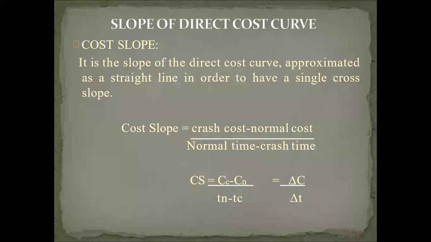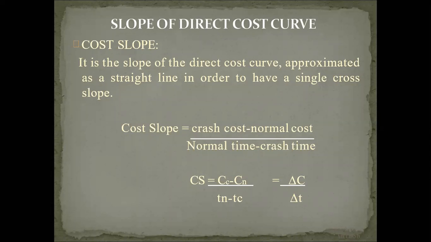Always, crash cost is on the higher side and normal cost is on the lower side. If you take the example we have discussed, normal cost is 25 lakh and crash cost is 27 lakh. So we take 27 lakh minus 25 lakh, divided by normal time minus crash time.